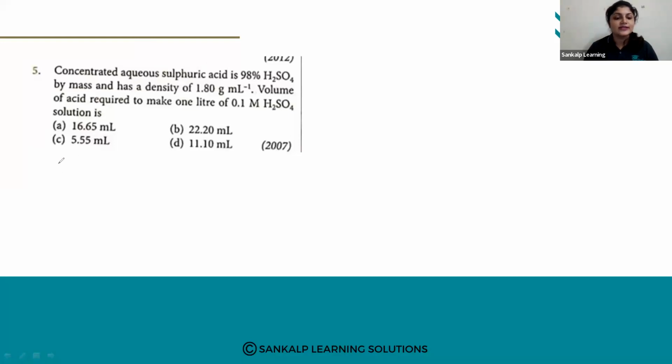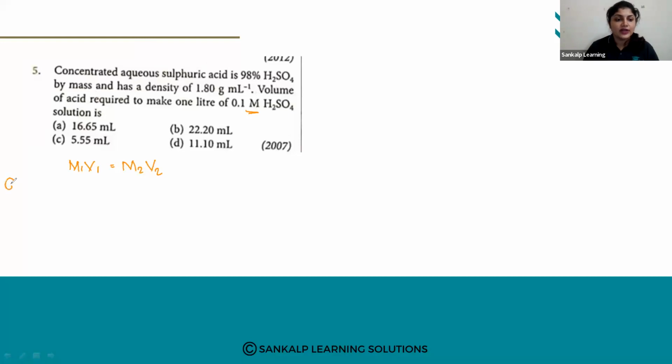So here, what is given? The problem is of molarity. The equation for molarity is M1V1 = M2V2, and by using this equation we are going to solve this question.